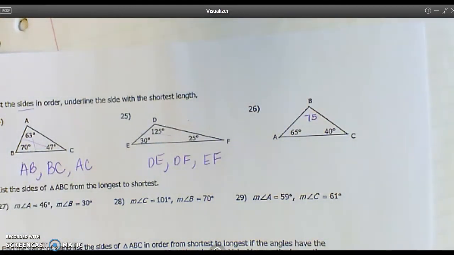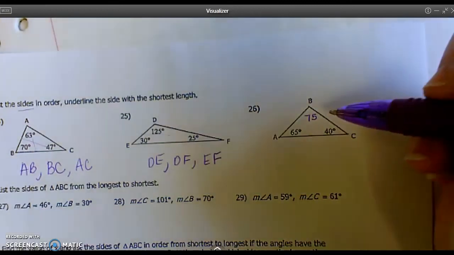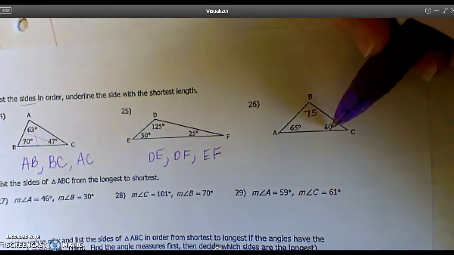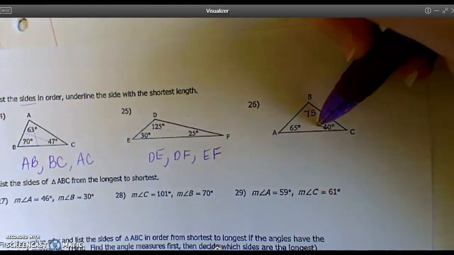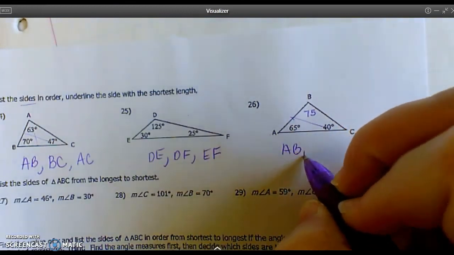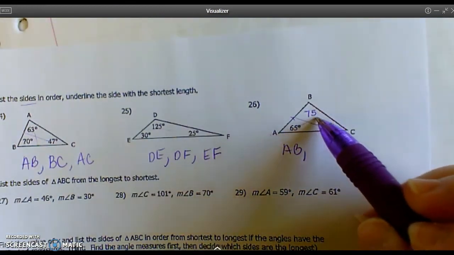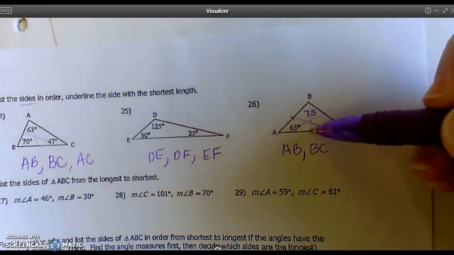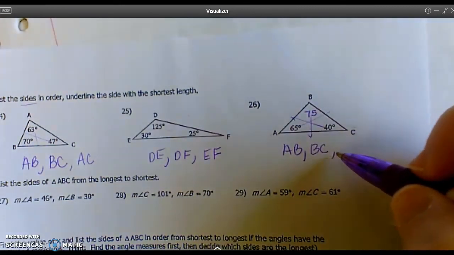So in order to finish this, we do have to find all the sides and all the angles. So now I know that 40 is the smallest, so 40 goes across from AB. Then we have 65. 65 is across from BC, and then 75 is across from AC.